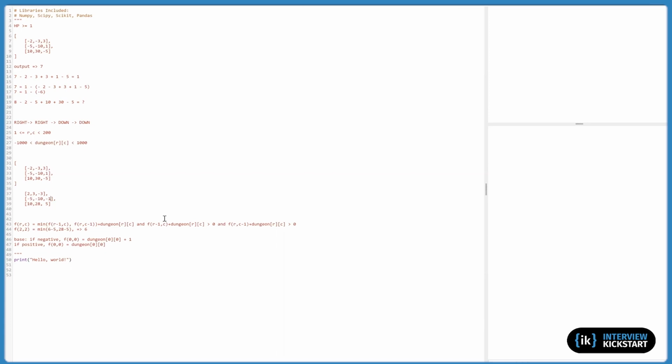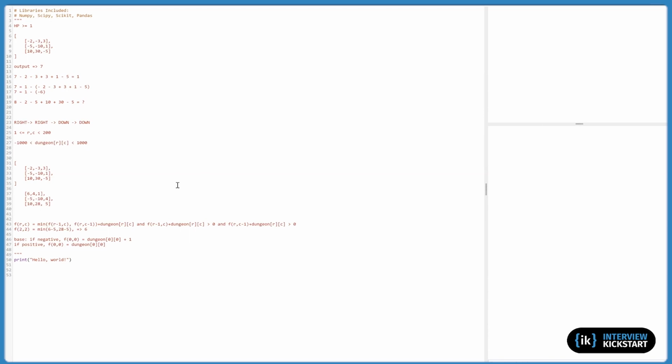Just to get here, you need 5. To get to here, you would need 4. To get to here, you need 1. To get to here, you would need 4, and again, you need 6. And if you add 6, that will work.